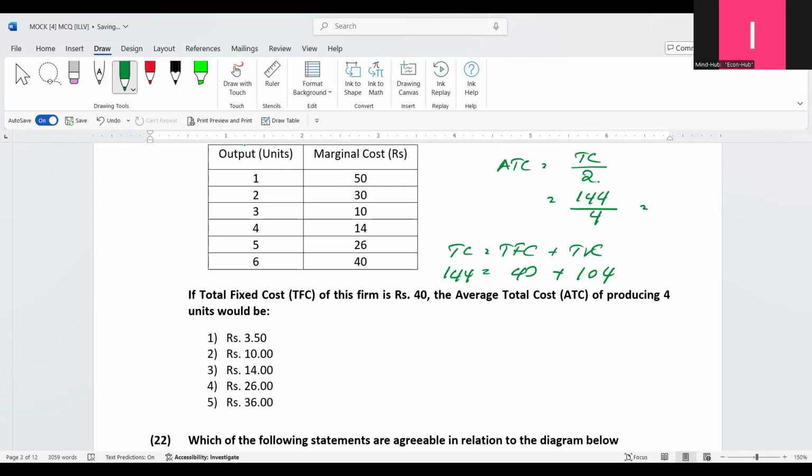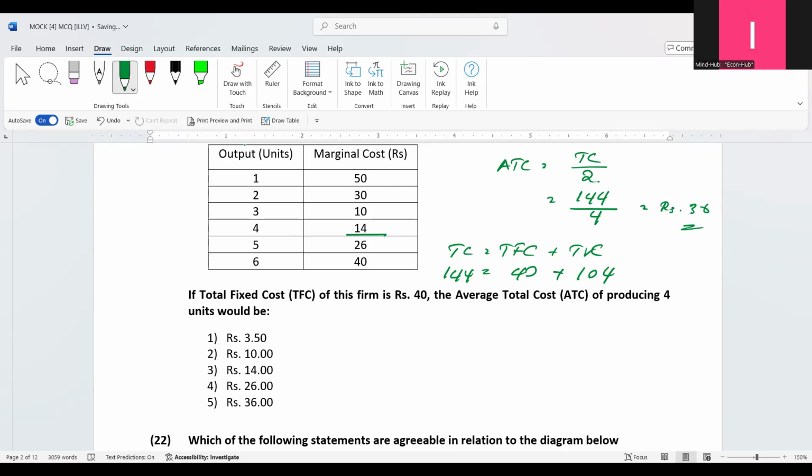36. Are we okay? Yes or no? You guys remember the accumulation part? We have learned that.